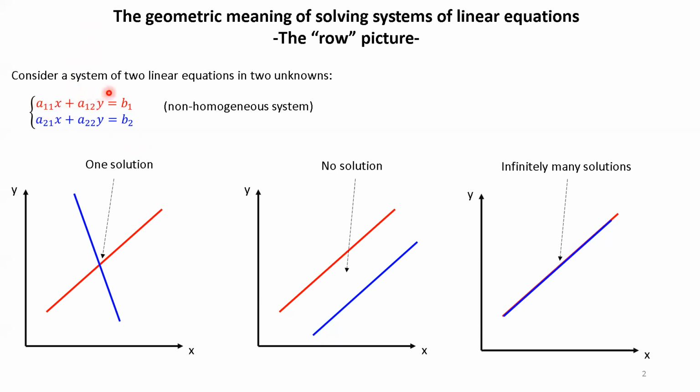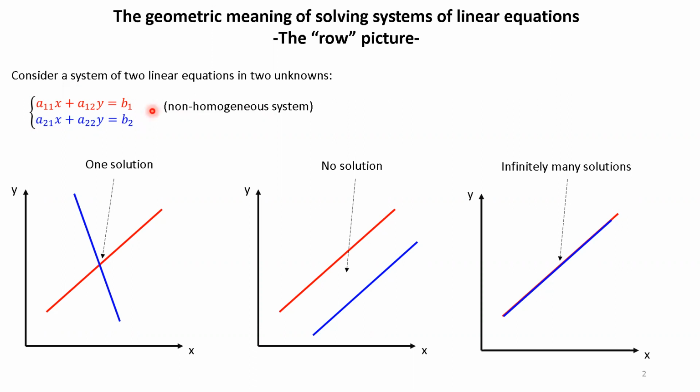I have this first equation and the second equation. Here I call this the non-homogeneous system, because I'm assuming that the two constants on the right-hand side are non-zero.